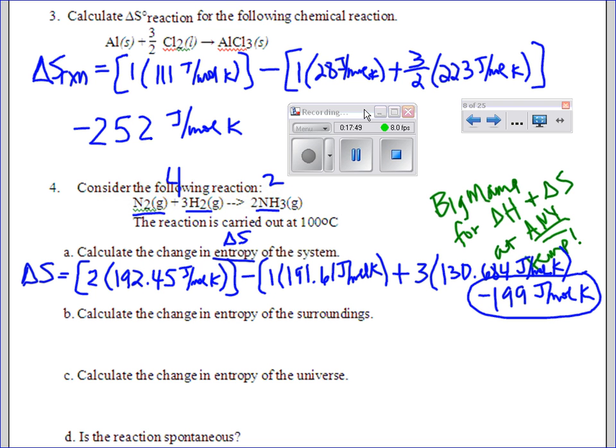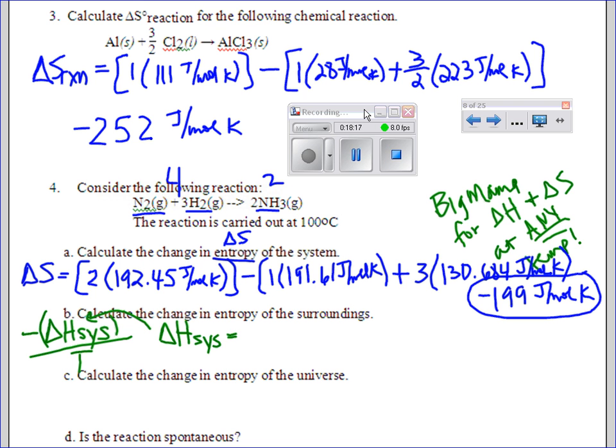All right, part B. It says calculate the change in entropy of the surroundings. Okay, we knew that delta S of the surroundings is equal to negative delta H of the system divided by temperature. So before we plug it in, let's just find delta H of the system. Don't worry about this negative out here yet. How are we going to find delta H of the system?